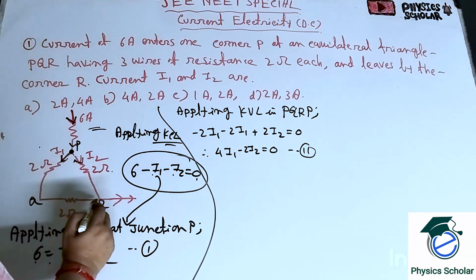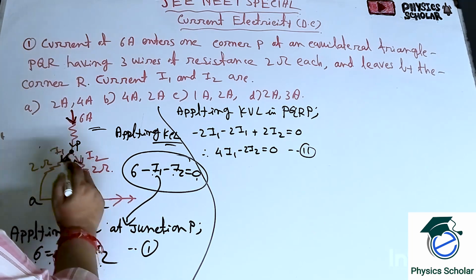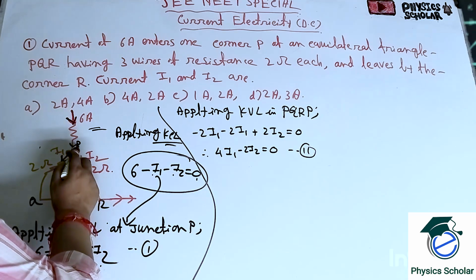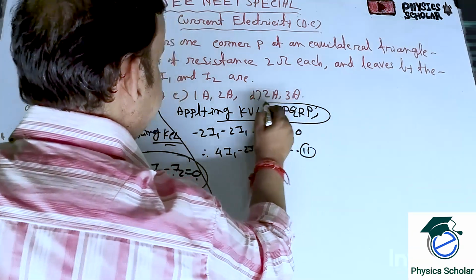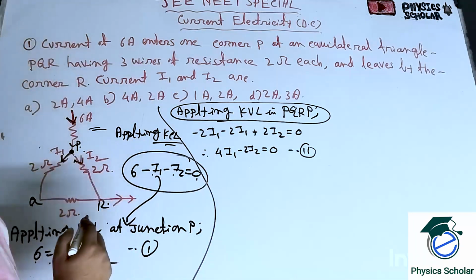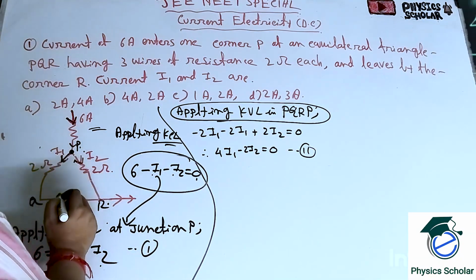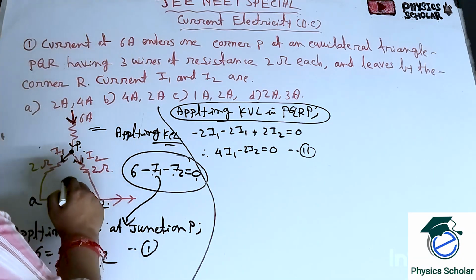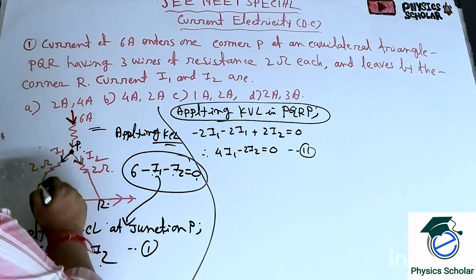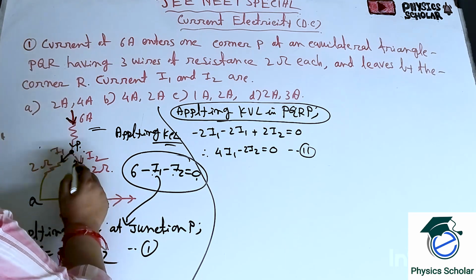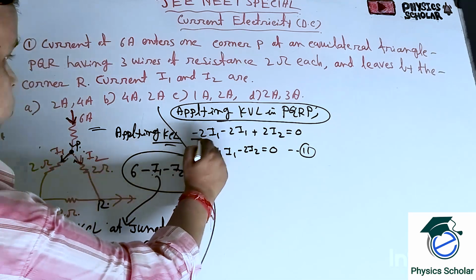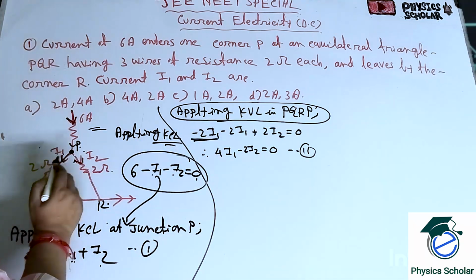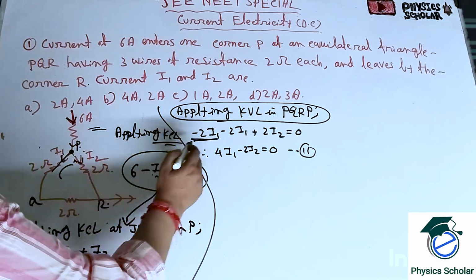Now this triangle is a closed loop, P, Q, R, P. So applying KVL in the PQRP loop. Here it is anti-clockwise, that's why minus 2 I1.